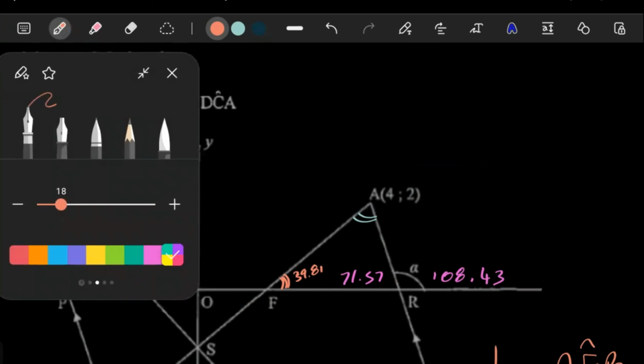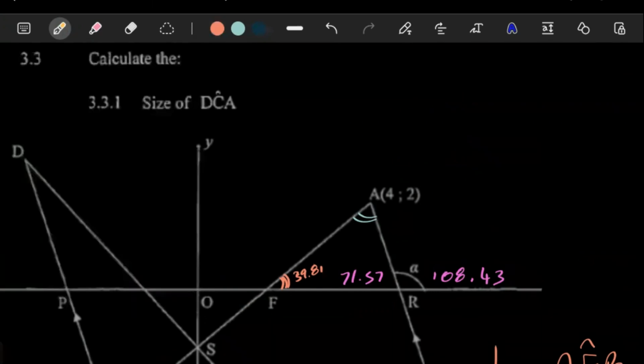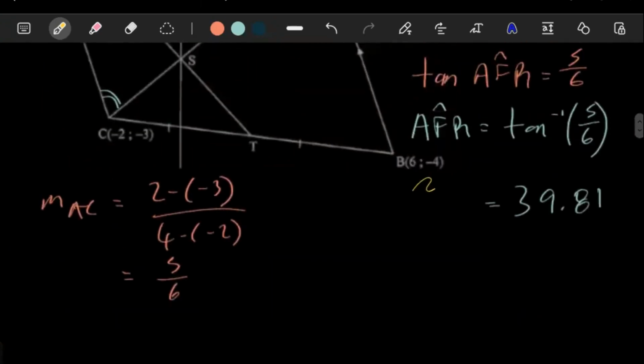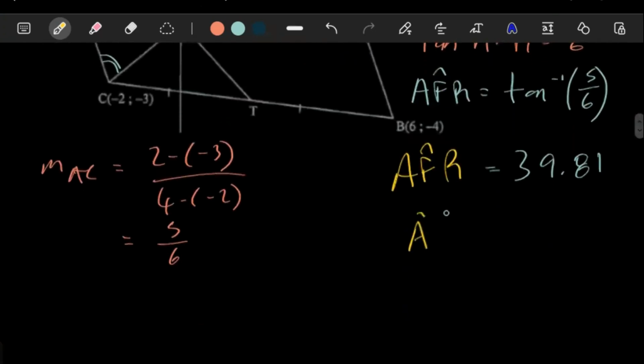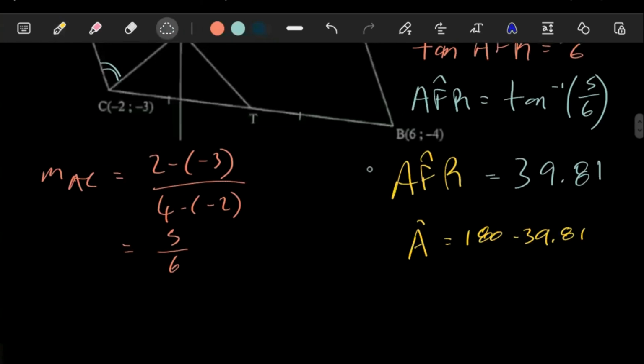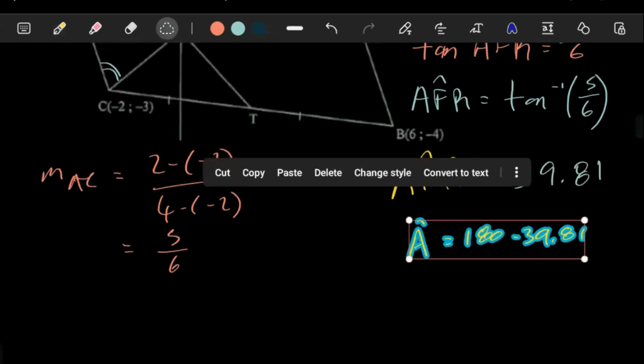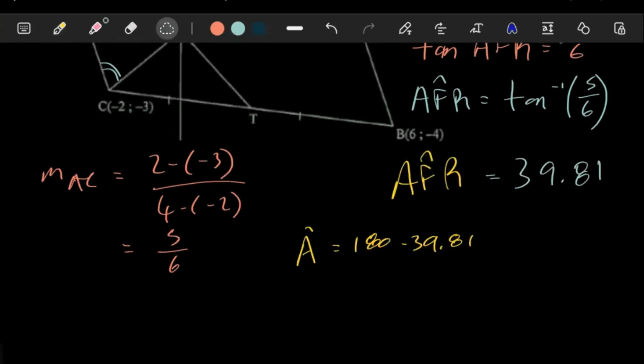Now, obviously, the fortunate thing is we can just put all this into the calculator. Let's put everything into the calculator and remove it from 180. So let's see here, 180 degrees. This is AFR, right? Here we want angle A. So angle A, maybe go to 180, minus 39.81, minus the 71.57.